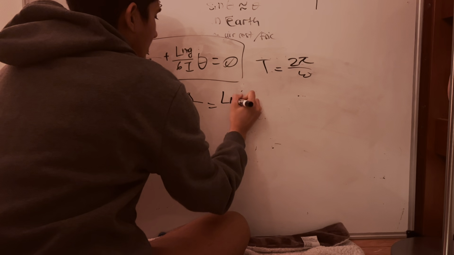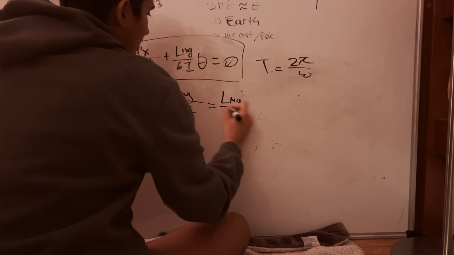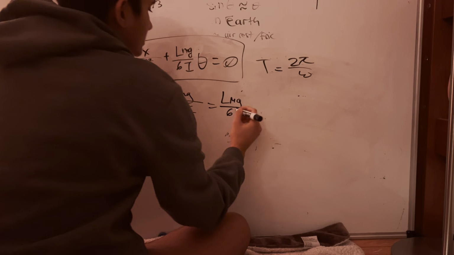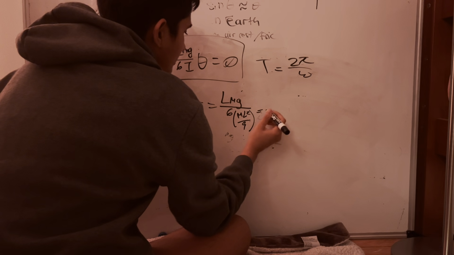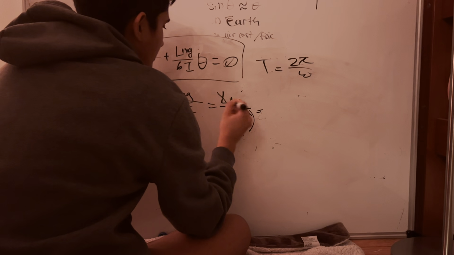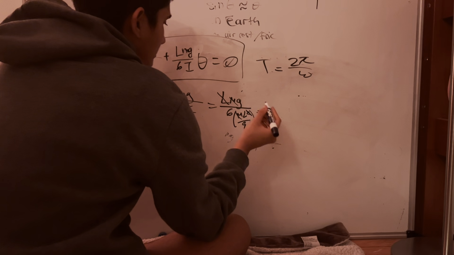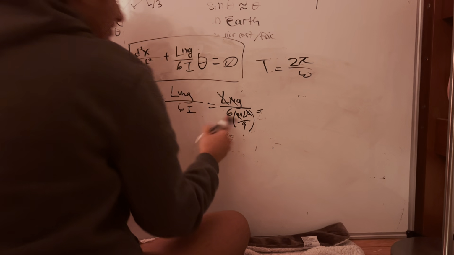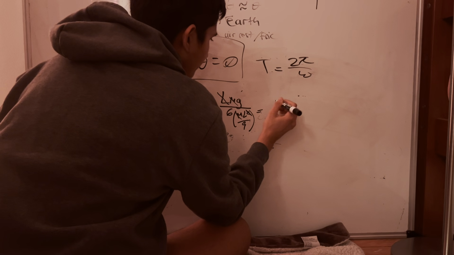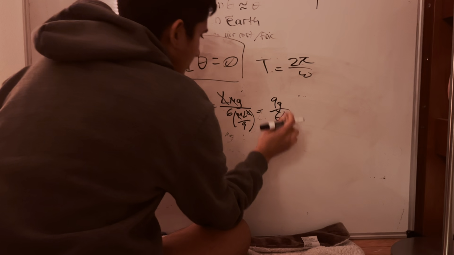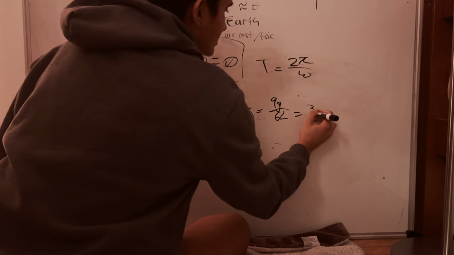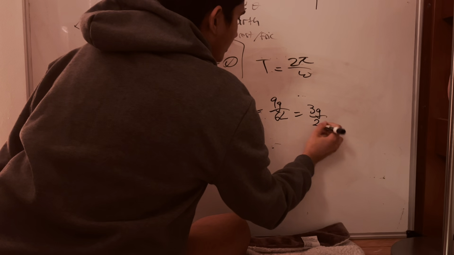So L mg over 6 times ml squared over 9 is going to be equal to, these L's cancel out, this m cancels out. What we're left with is 9g over 6L, and this simplifies to 3g over 2L.